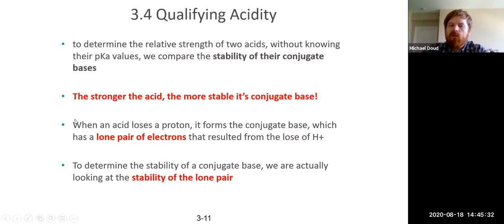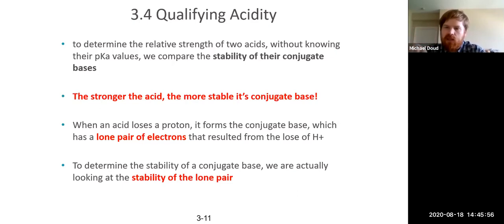To do this qualitative acidity, when an acid loses a proton, it forms the conjugate base, you know that, and that has a lone pair of electrons from whatever atom was bonded to the hydrogen, that picked up a lone pair. So we're going to focus on that lone pair. Always think in your head, which was the lone pair that resulted from this acid-base reaction?